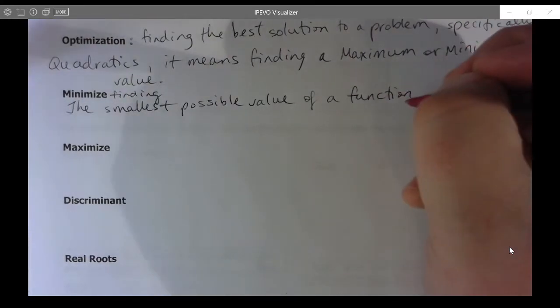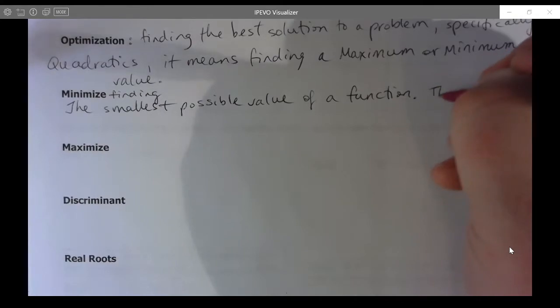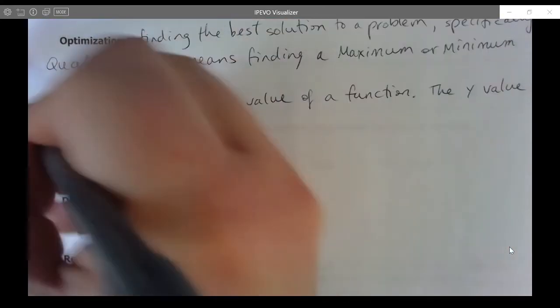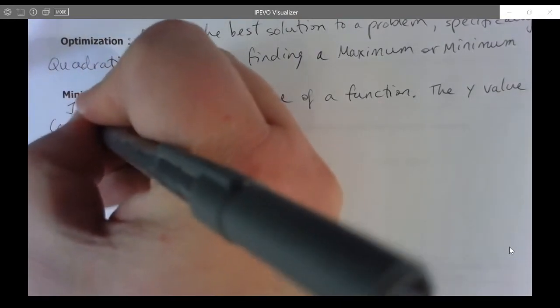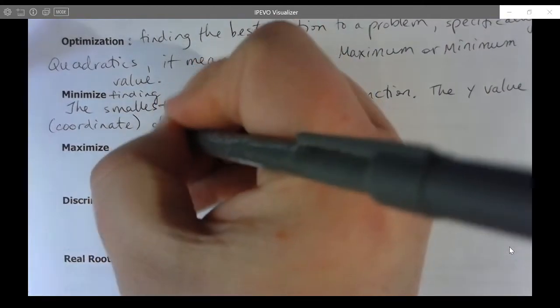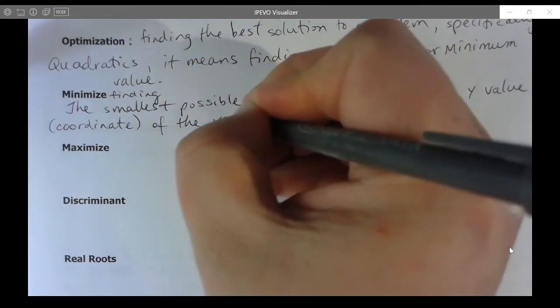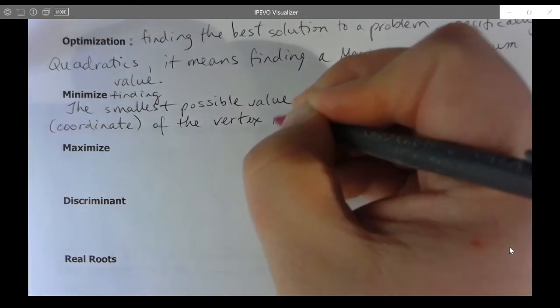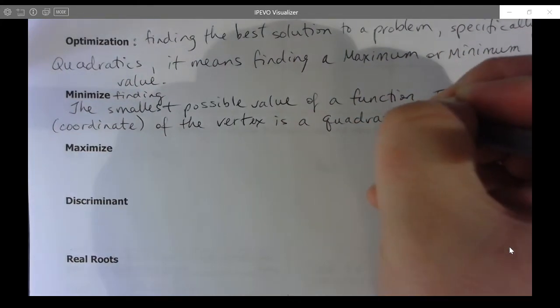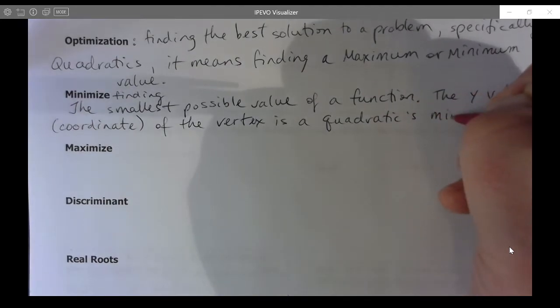We're looking for the y value or the y coordinate, whichever one you want to think about, of the vertex is a quadratic's minimum.